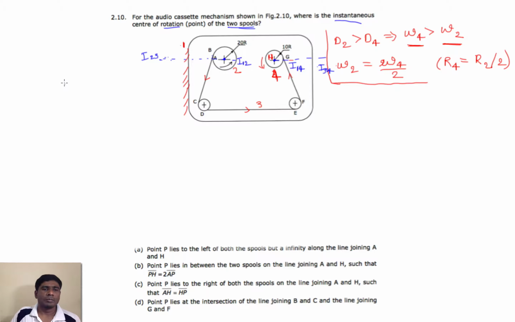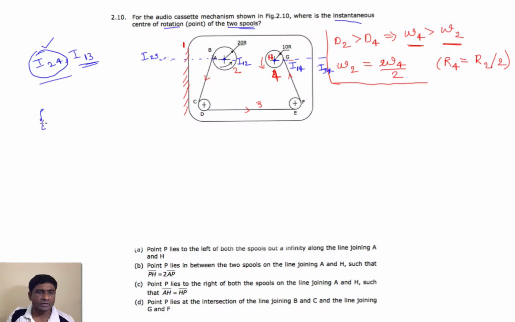Here we need to find the instantaneous center between 2 and 4, and also between 1 and 3, but that is not asked. We need the instantaneous center between the spools 2 and 4. So how to find it?